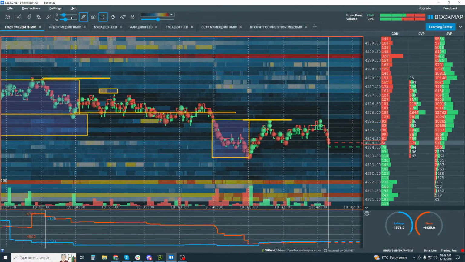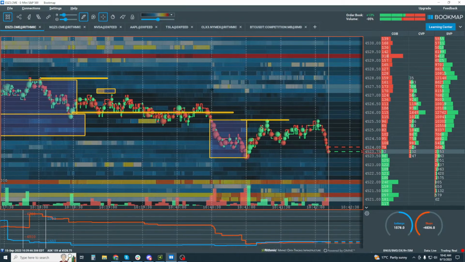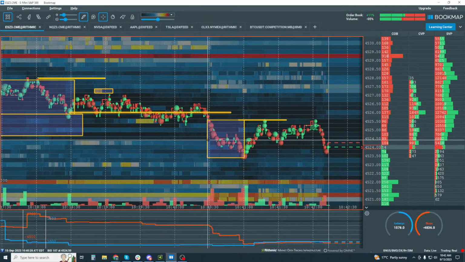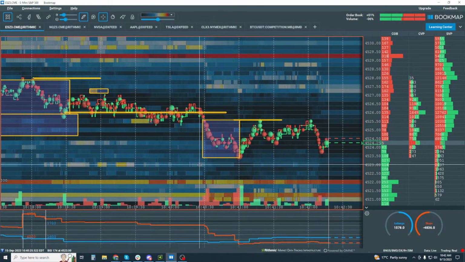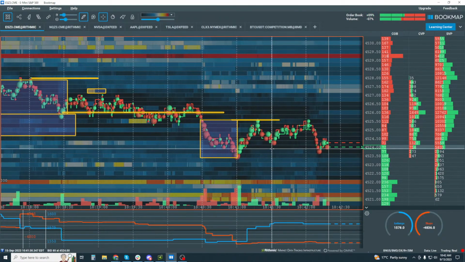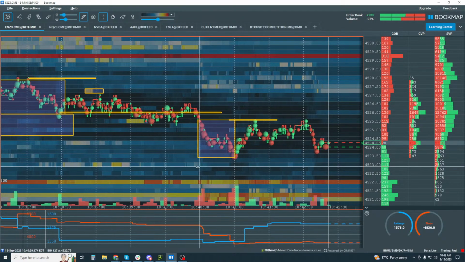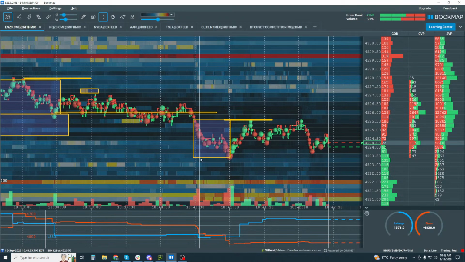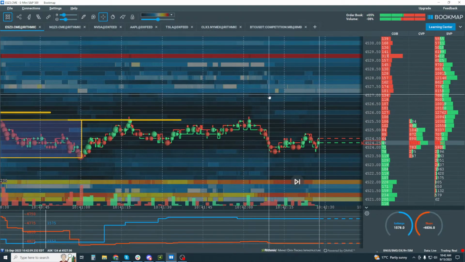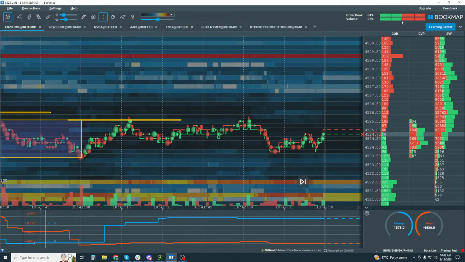We can determine that actually with the imbalance indicators or CVD, and put this within our chart range here. Okay, hold on. Here we go. Within our chart range in here, what's our volume imbalance? Well, it's -8 here.